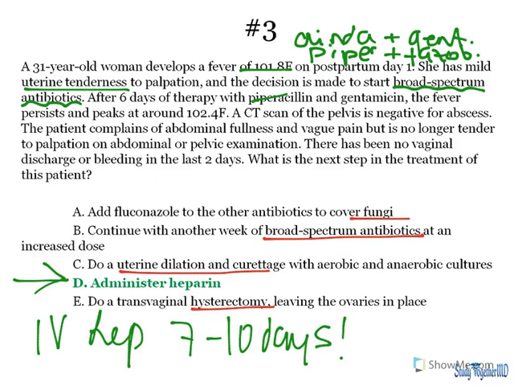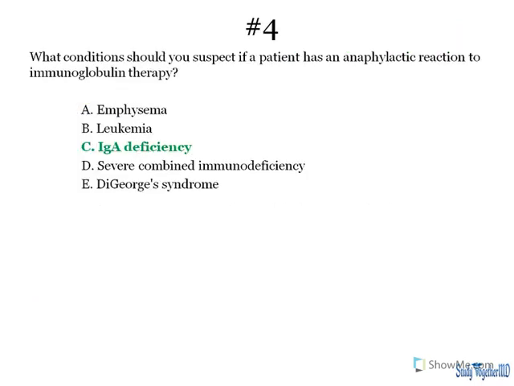Let's go to question number 4. Okay, so this question is dealing with primary immunodeficiency, so we can exclude these two right away. So it's quite a straightforward question, and you must know this for your exam. So make sure you memorize this. In any patient who develops anaphylaxis after immunoglobulin exposure, you have to think about IgA deficiency.